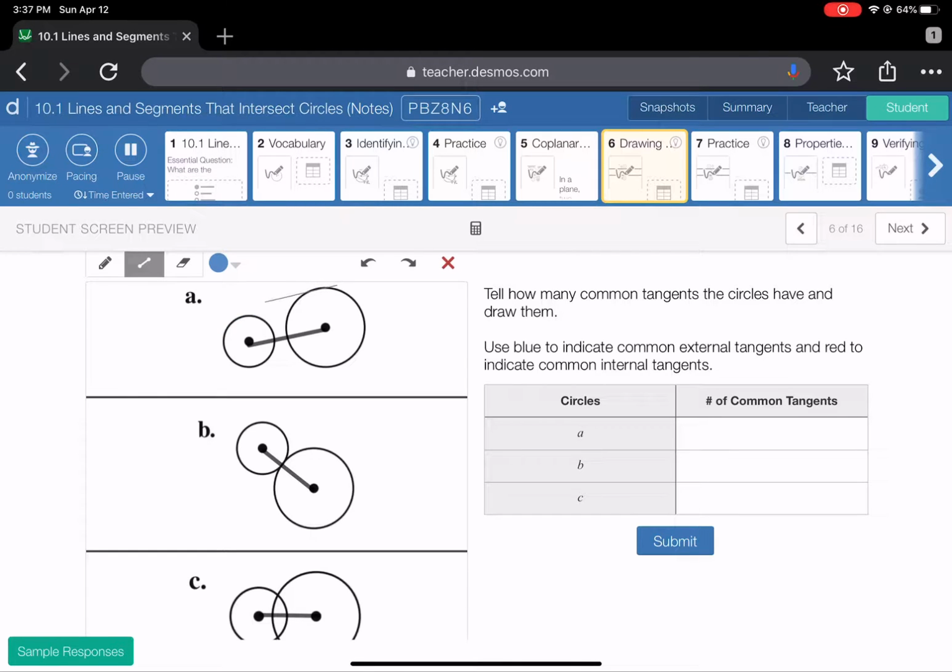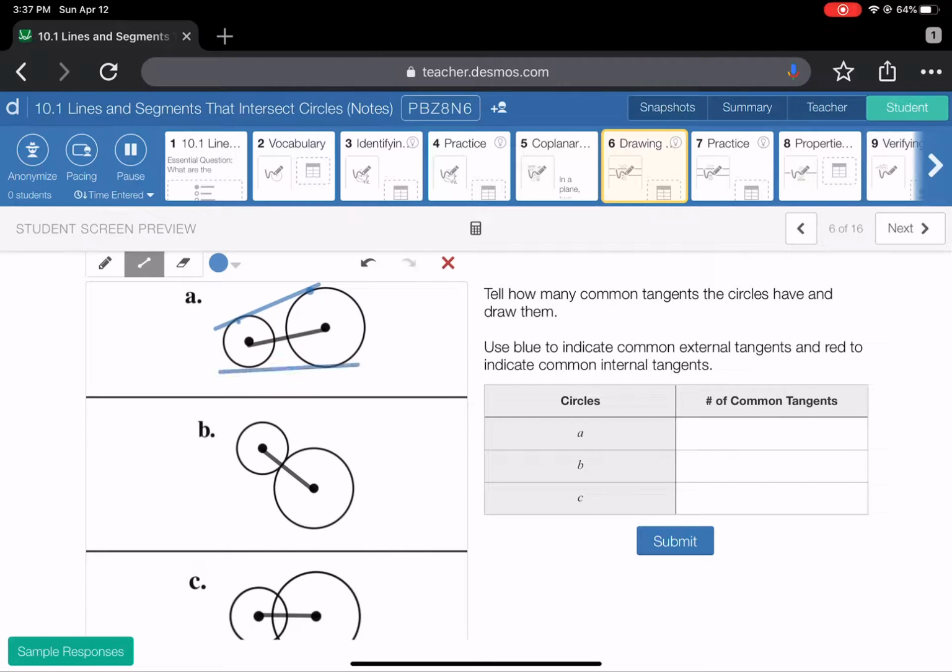Let's do this. Nope. It's a little hard to get it, but all right, let's say that. That is a tangent line right there, and we're going to call this an external common tangent. It passes through each circle at one point, and it's called external because this tangent line doesn't cross this segment that we used to connect the centers.